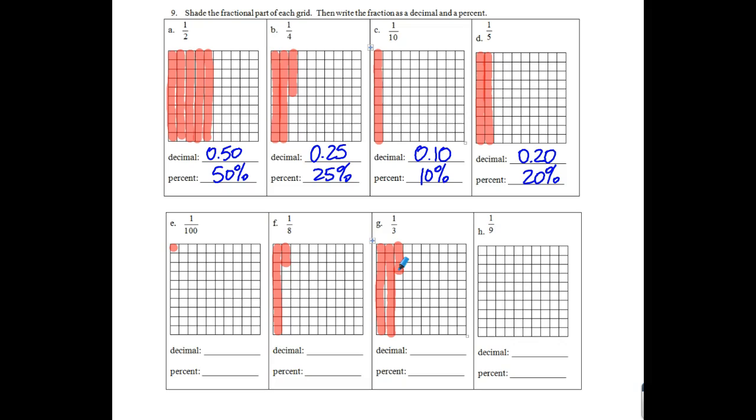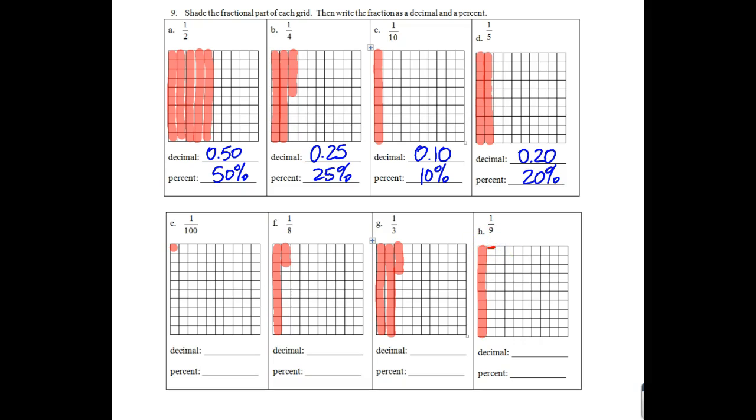Okay, so 1/9 is actually 1/3 of this. What is 1/9? 0.81 repeating, I think. Let's see. No, sorry, it's 0.1 repeating. So it's going to be just a little tiny bit there too, just a sliver there.